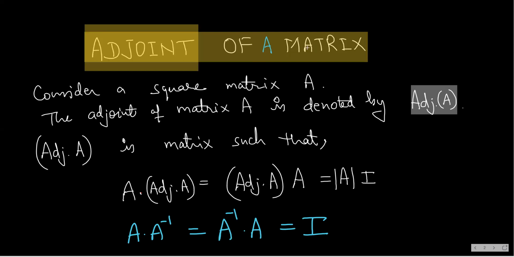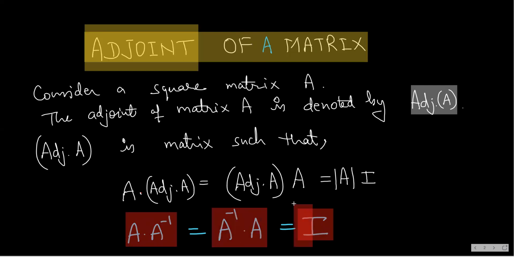Here also you have I, but with I you have the determinant of A multiplied.